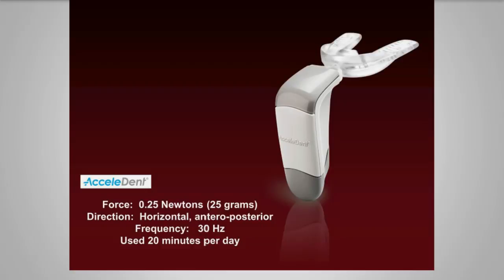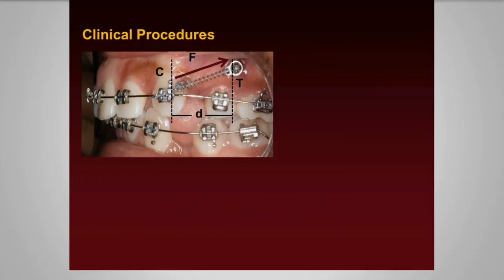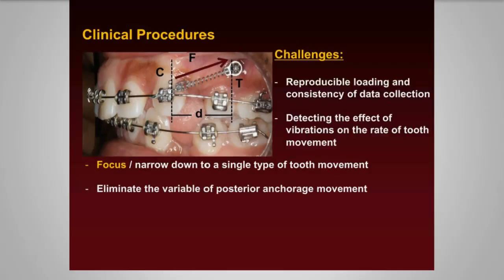The frequency is 30 hertz, and it was used for 20 minutes per day, also based on other studies from orthopedic research. Primarily, these parameters were set and reduced to the size of the jaw compared to the whole skeleton. Just quickly about the clinical procedure, because again, it is published. One point I want to emphasize: we focused on narrowing down to one type of tooth movement.